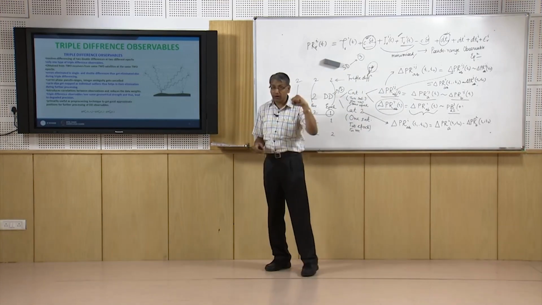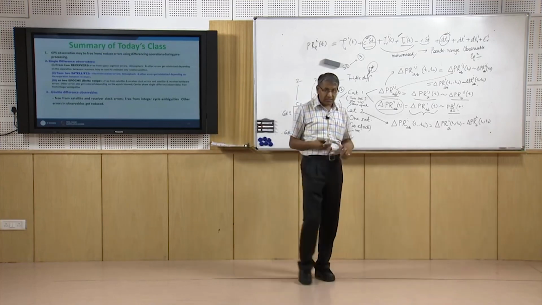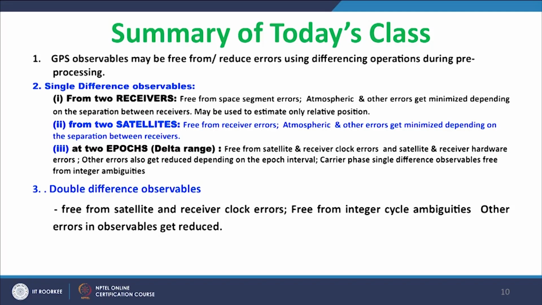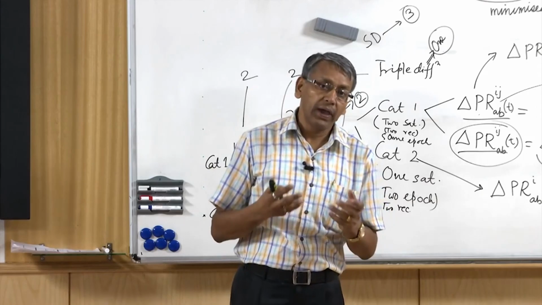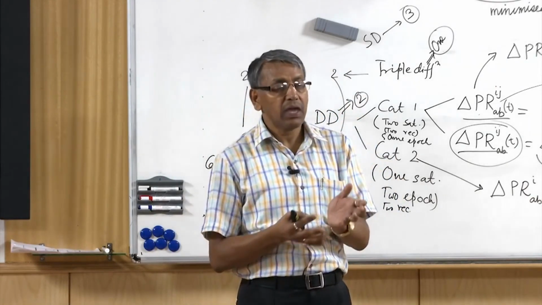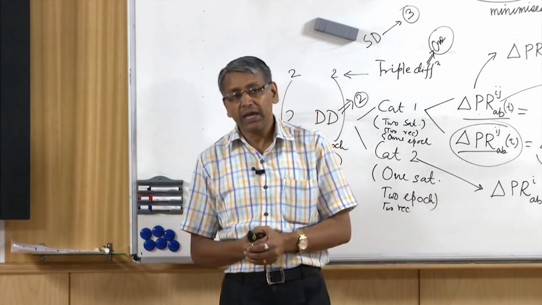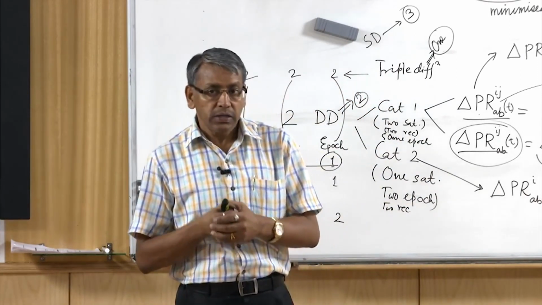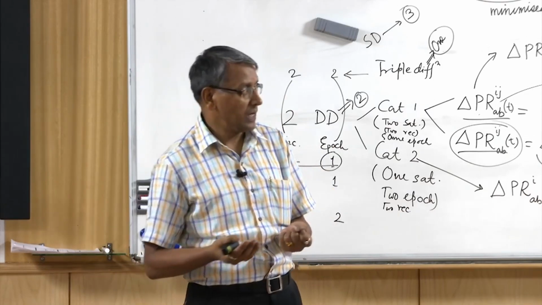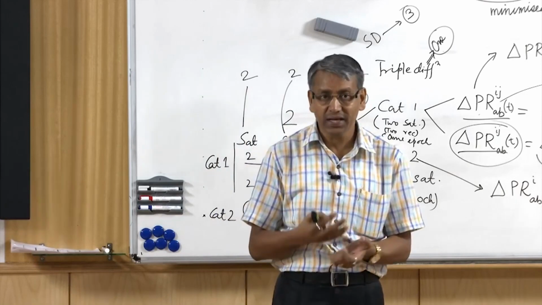With this I will conclude this class, but however we can summarize this class like this: the GPS observables are fraught with errors. The quality of the GPS observable will depend upon how much error can be minimized or removed, and that we can do very easily, in a quite simplified way, by taking the different difference methods.